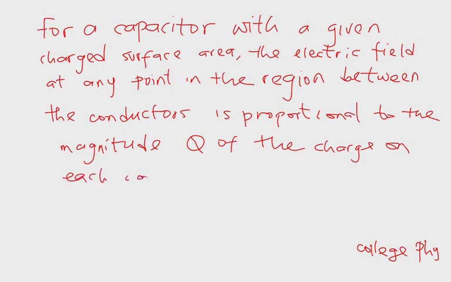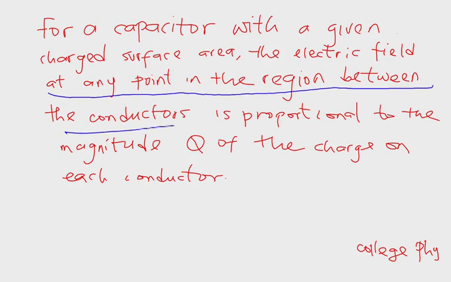Now what this is saying is that if you have a capacitor with a given charge and surface area, the electric field at any point in the region between the conductors.